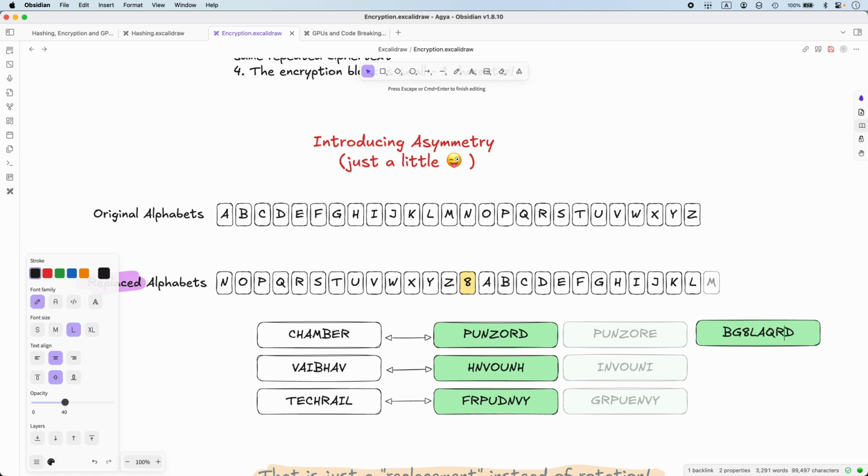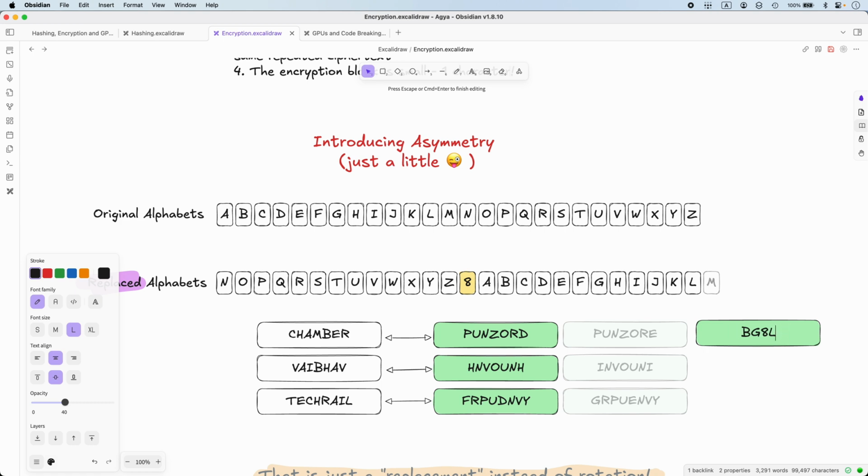R becomes D. And have we arrived? C, H, A, M, B. What? E. Okay. P, U, N, Z, O, R, D. R becomes what?